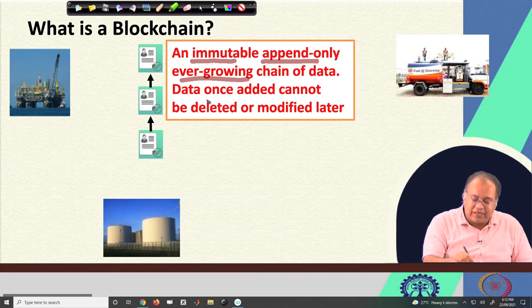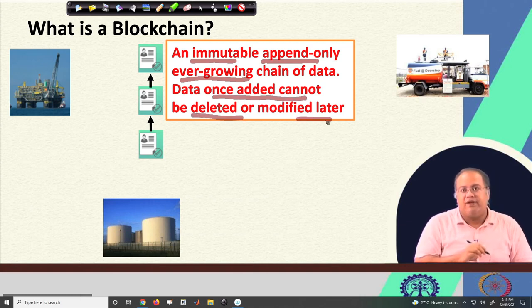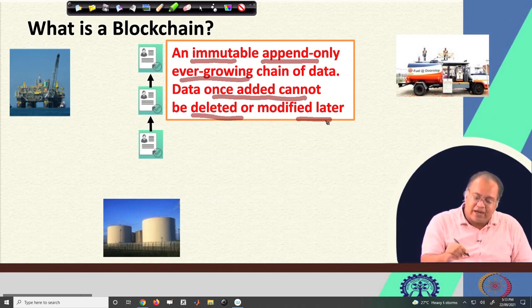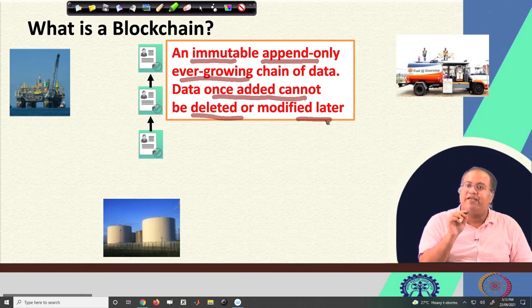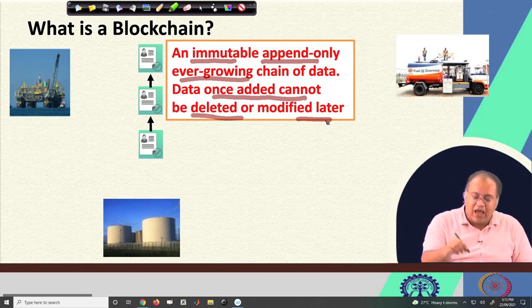Data once added cannot be deleted or modified later. The individual things I have mentioned actually replicate the properties of the blackboard I mentioned earlier. I have an immutable data structure.